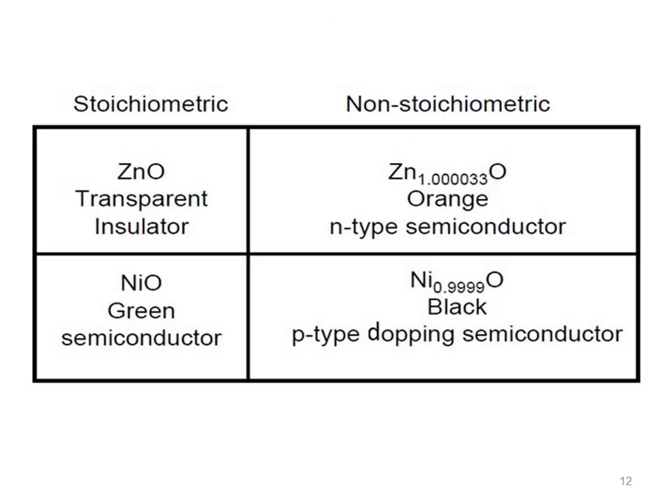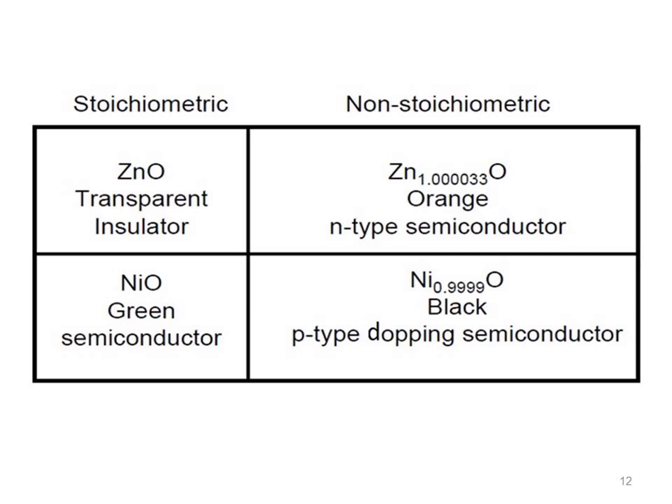And these are stoichiometric and non-stoichiometric compound examples, like ZnO, zinc oxide, which is stoichiometric and is transparent and an insulator, but in the non-stoichiometric case, it is orange in color and an n-type semiconductor.